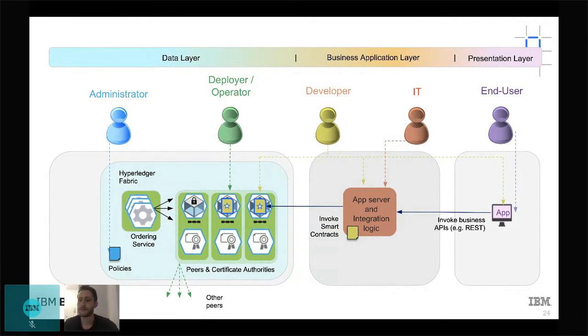You can also think of some type of query, or if an end user wants to look something up in the blockchain, it goes through a similar process where they invoke some type of request. The API sends that request to the app server, and that really checks the smart contract to make sure they have permission to see whatever they're requesting.